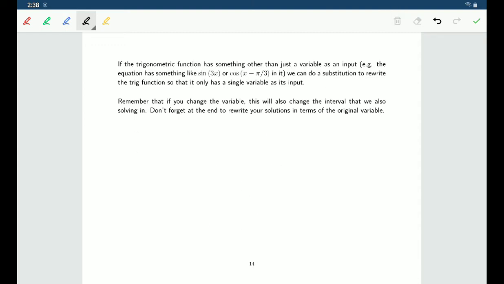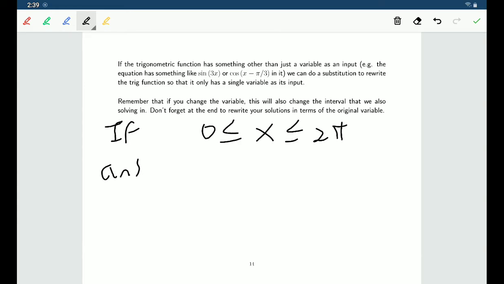So, for example, if you were solving on 0 to 2 pi, and if u were equal to 3x, well, then you could say that x would have to be u divided by 3.